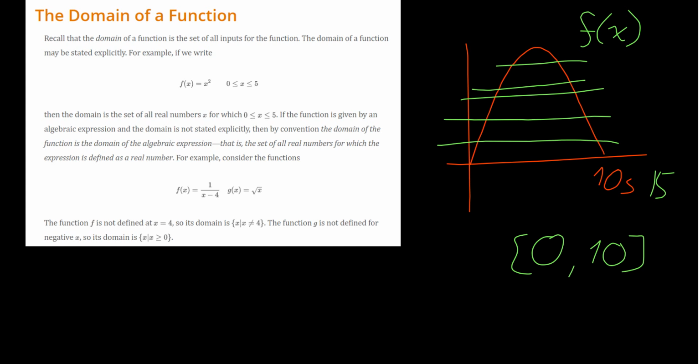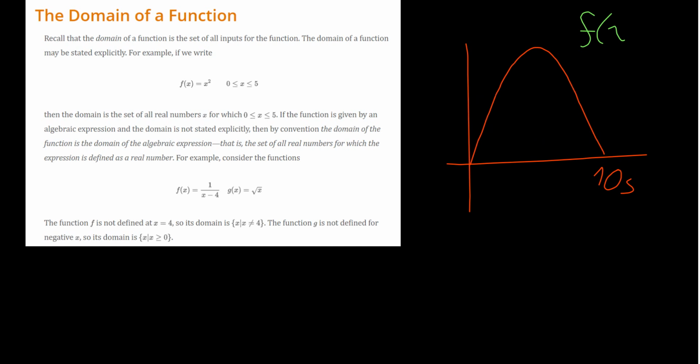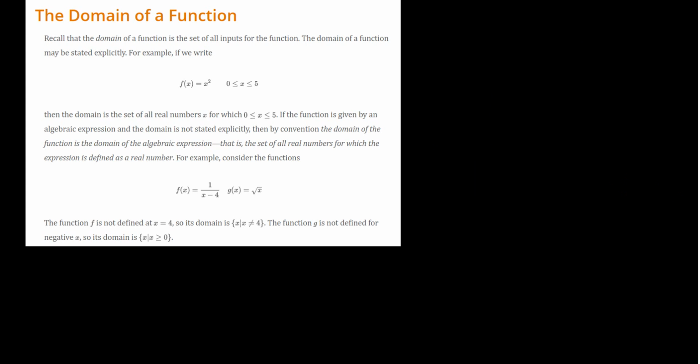You can include the endpoints, that's fine. And then we can find the height. That's why we need to restrict domains. In this class, trust me, there are plenty of word examples if you want them, but mainly we just restrict domains for the fun of it.